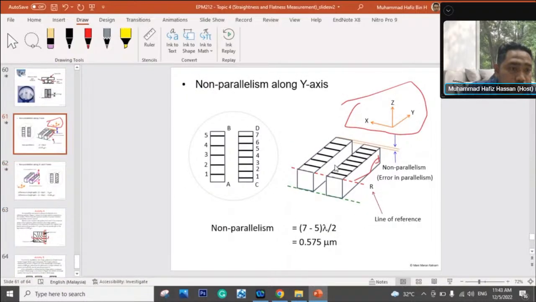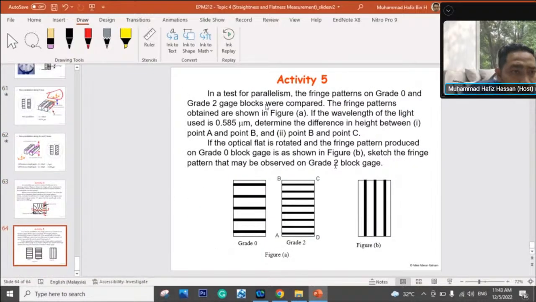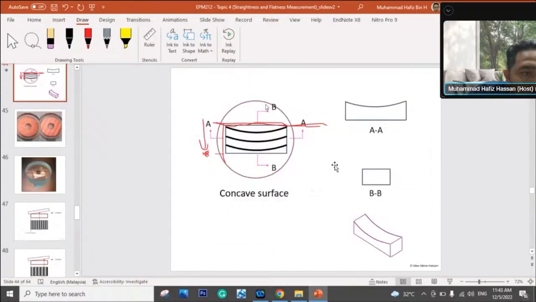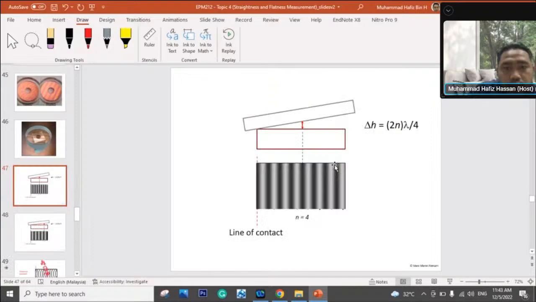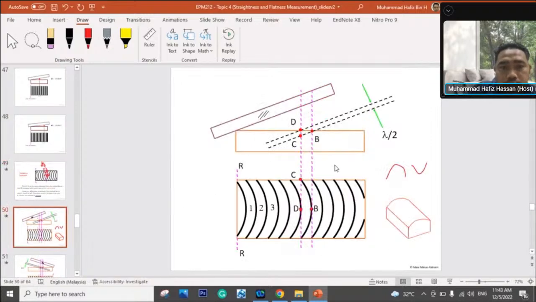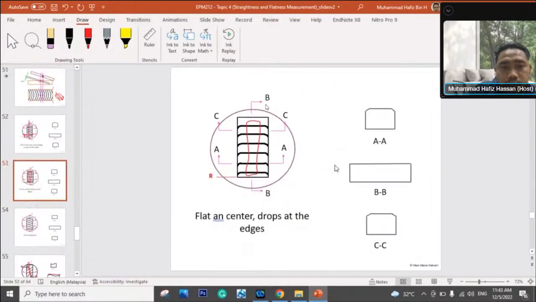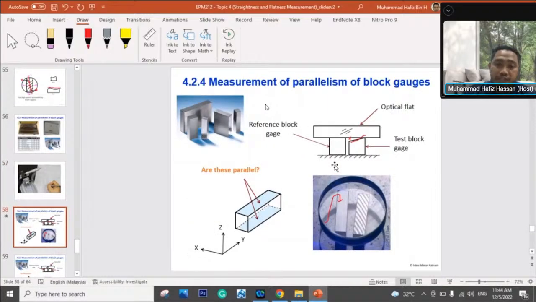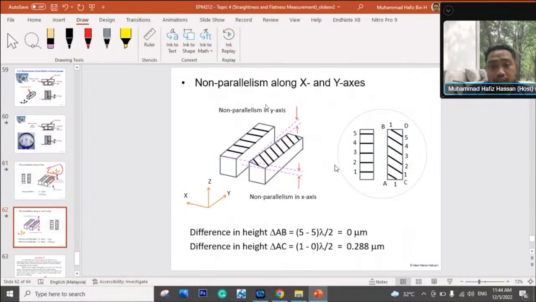I think you have to imagine how it's supposed to be like. They have an example given here. So you have to imagine it. Most probably the answer will be the same or different, depending on the number of fringe.